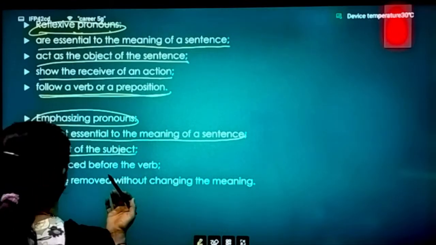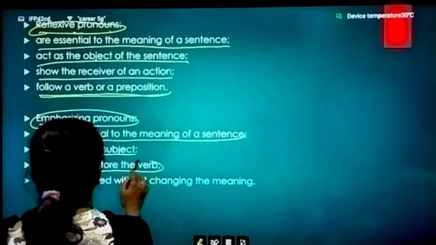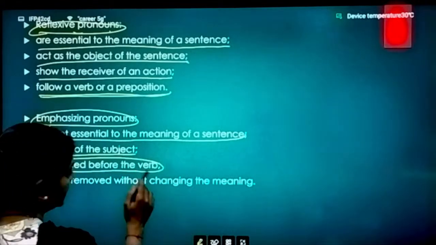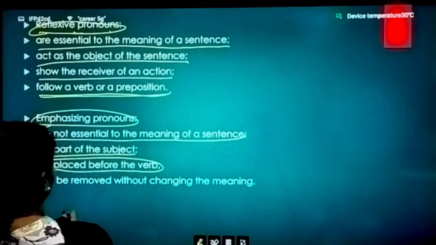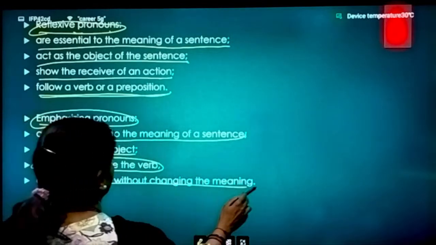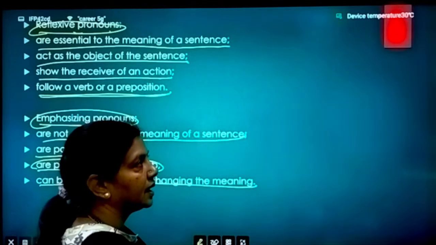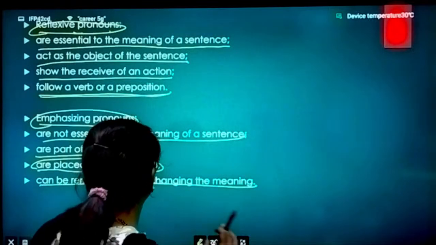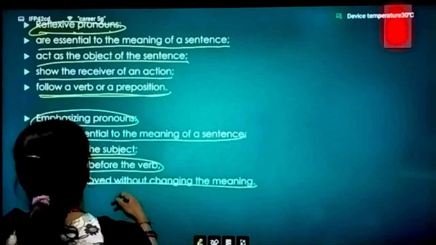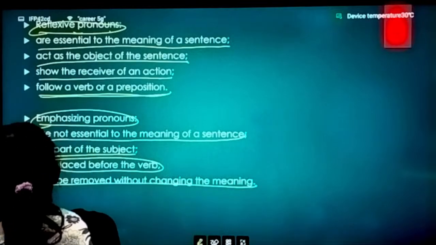They are placed before the verb, and you should know that they can be removed without changing the meaning. Like Geeta is singing, Geeta may also be dancing. So we can remove it according to the situation or according to the instance.